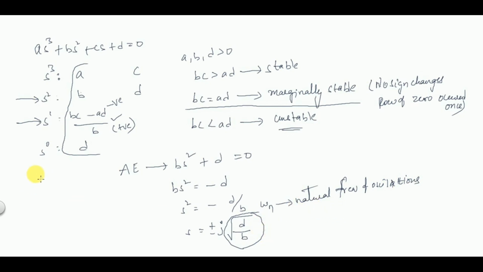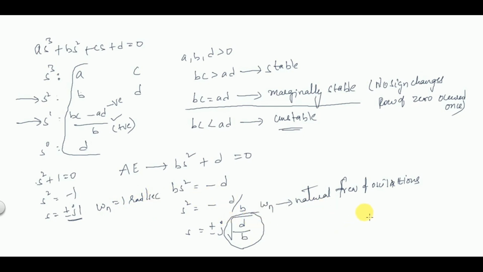Suppose if you have s square plus 1 is equal to 0, s square is equal to minus 1, s is equal to plus or minus j1. So this 1 represents here the natural frequency of our oscillations, that is 1 radian per second. So generalizing this case, this is the natural oscillations.